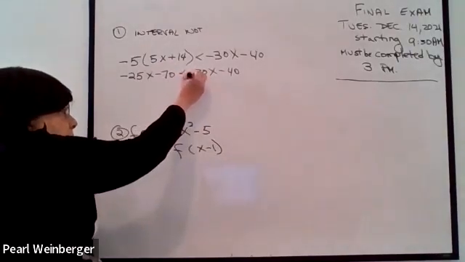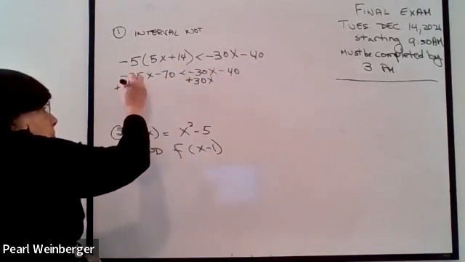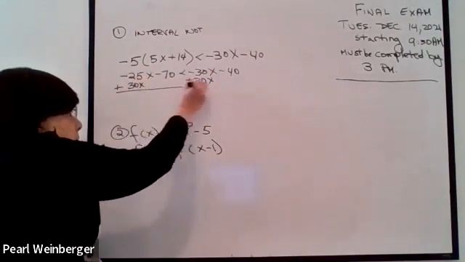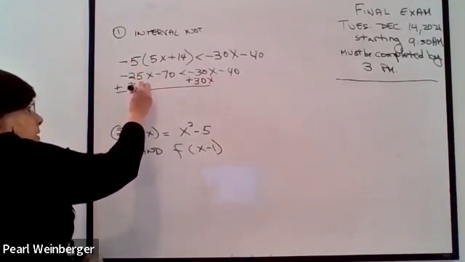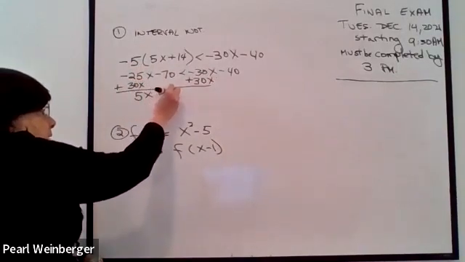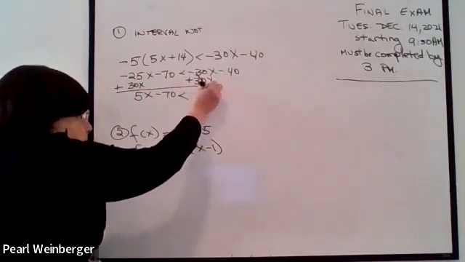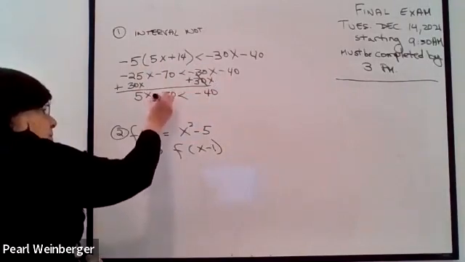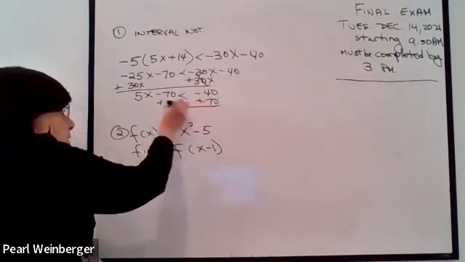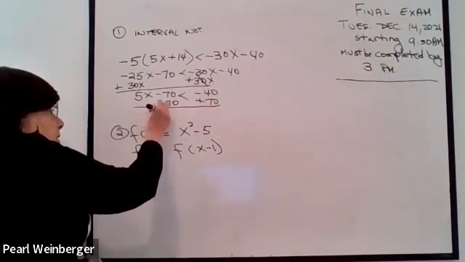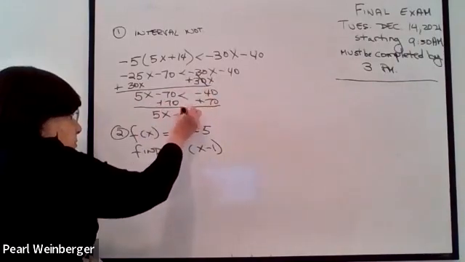So I'm going to add 30x to both sides. Which will give me negative 25x plus 30x, which is 5x, and minus 70 less than negative 40. And then we're going to bring this negative 70 to the other side by adding 70 to both sides, so that we end up now with 5x less than negative 40 plus 70, which is 30.